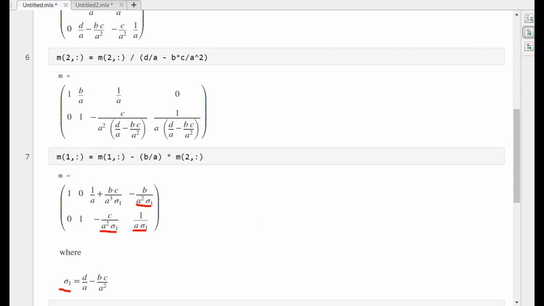So we have everything we need, except we need to understand why up here this value is equal to d over the determinant of M. Right?